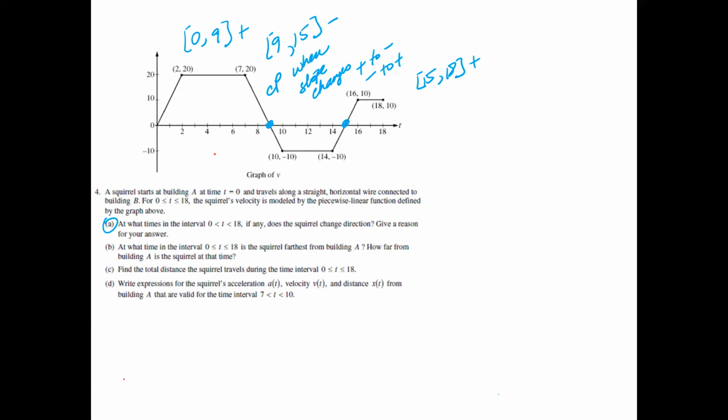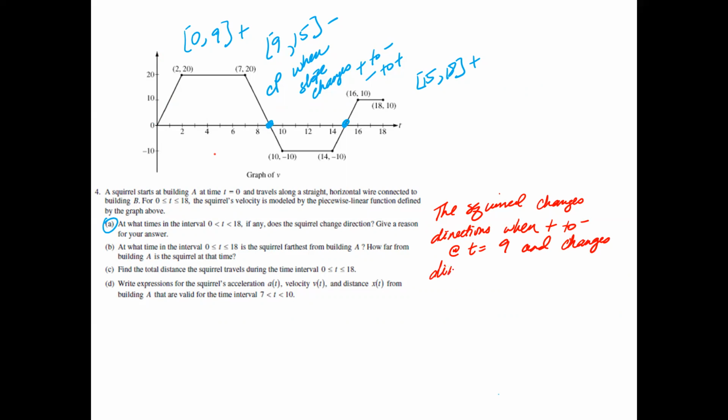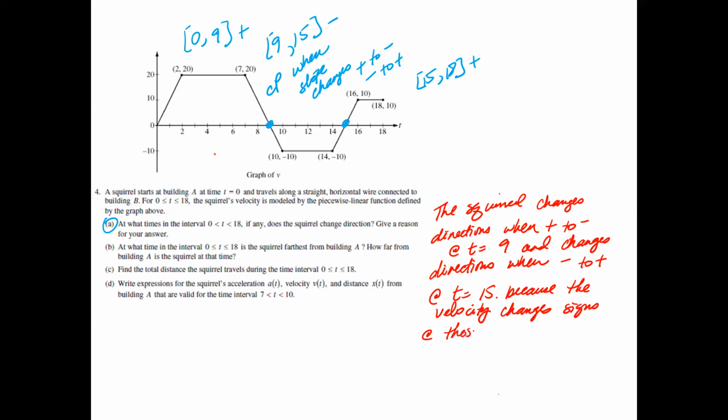So when I ask about the directions of the squirrel, you can say that the squirrel changes directions when positive to negative at t equals 9, and changes directions when negative to positive at t equals 15, because the velocity changes signs at those times.